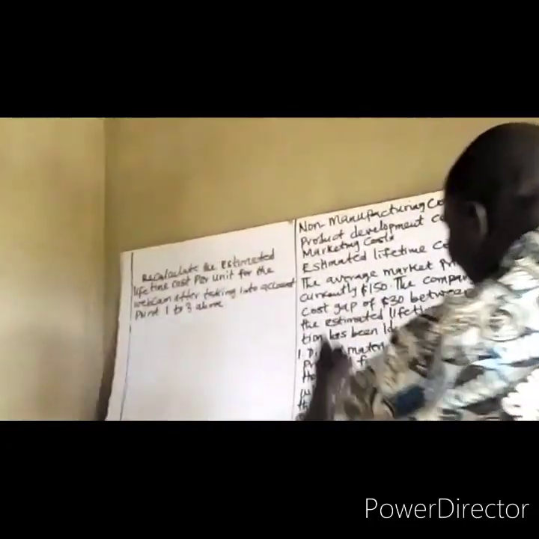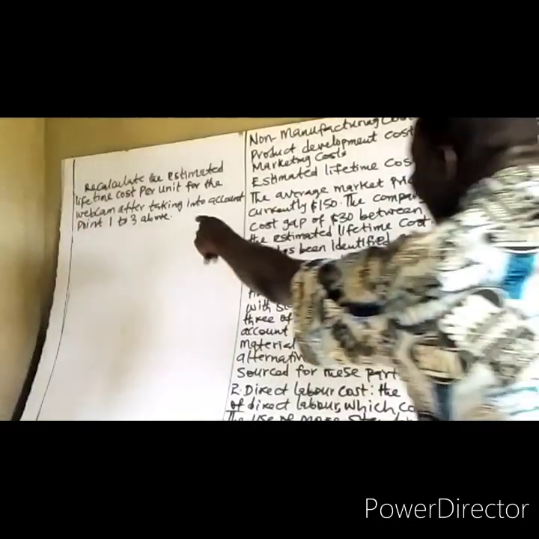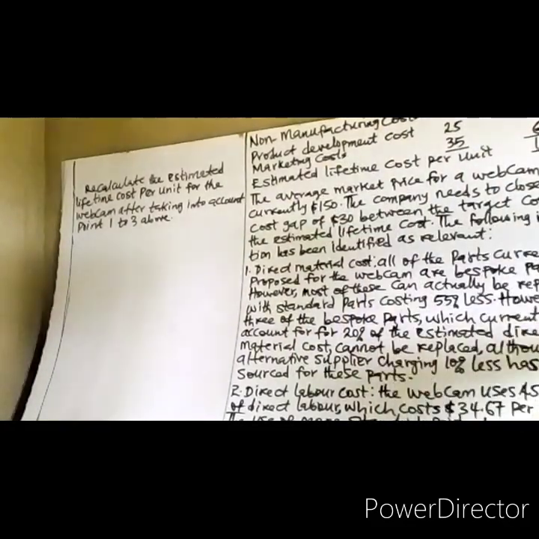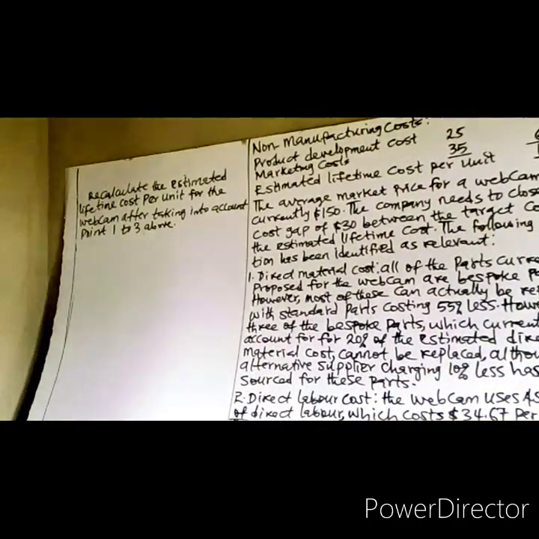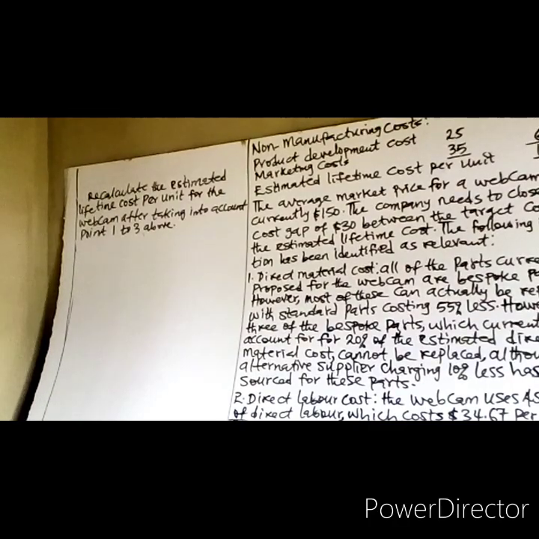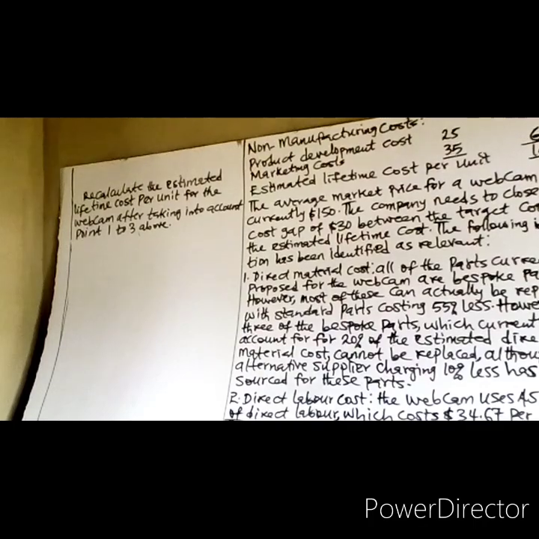Required: recalculate the estimated lifetime cost per unit for the webcam after taking into account points 1 to 3 above. That is the question. So we want to prepare the revised target cost.